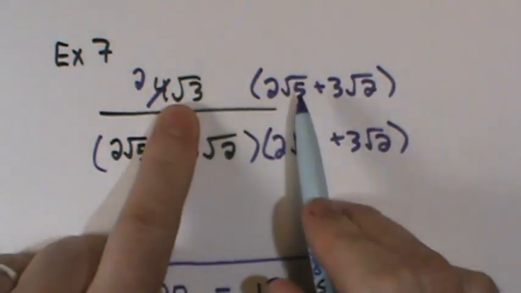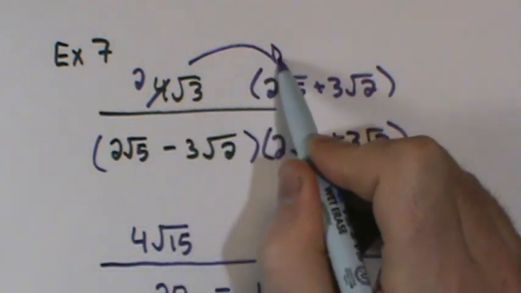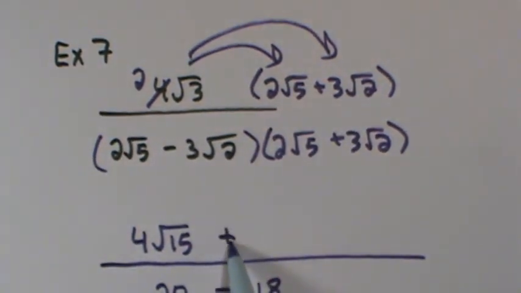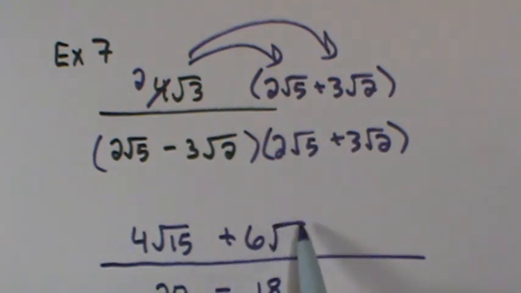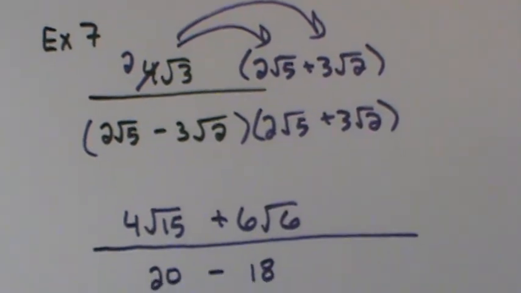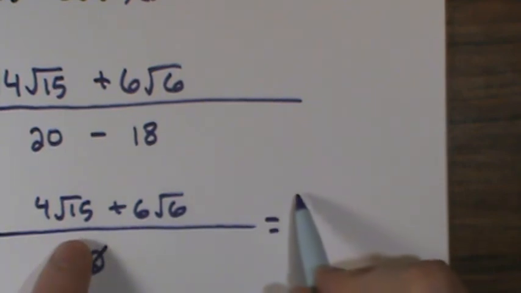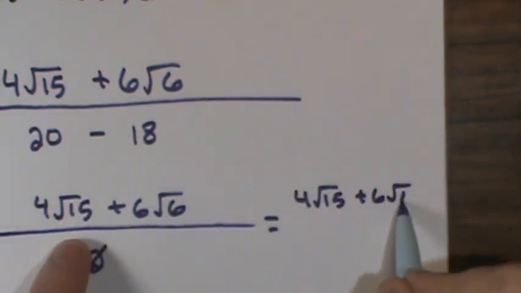And then the rad 3 times rad 5 is rad 15. And 2 times 3 is 6. Rad 3 times rad 2 is rad 6. And so I get 4 rad 15 plus 6 rad 6 all over 1, which would just be, in simplest form, 4 rad 15 plus 6 rad 6.